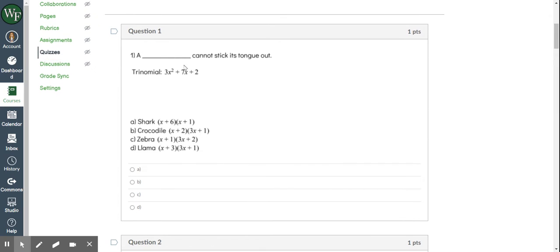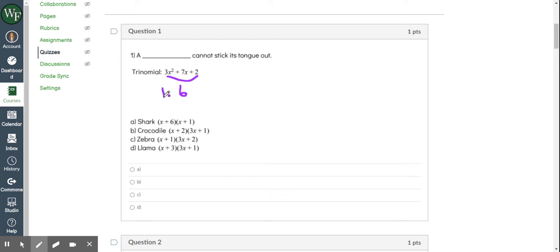So we're factoring this trinomial. The first thing you want to do is look at a, and since a is greater than 1, we know we're going to have to do divide and slide. So first, I'm going to slide my 3 and my 2. 3 times 2 is 6.